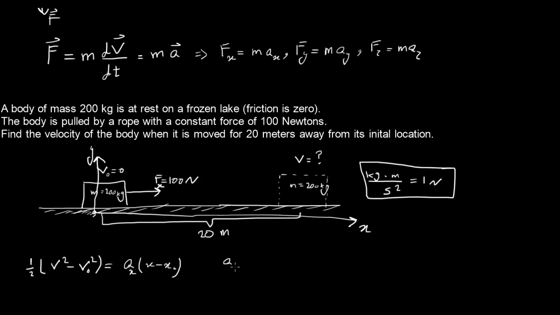So ax, according to this equation, equals Fx divided by m, and Fx is 100 newtons, and mass is 200 kilograms. Therefore ax is 0.5 newtons per kilogram.